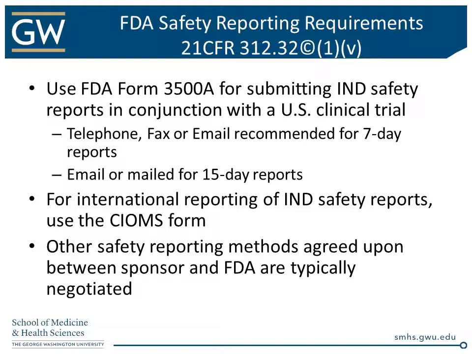For reporting SUSARs to the European Medicines Agency, and these would be, for example, if a U.S. sponsor is conducting a global clinical trial and there are sites in the various European countries, the sponsor is responsible for adhering to all regulatory authority safety reporting requirements, and they would use the CIOMS form, which is also explained in ICH E2, Clinical Safety Data Management. And CIOMS stands for Council for International Organizations of Medical Sciences.